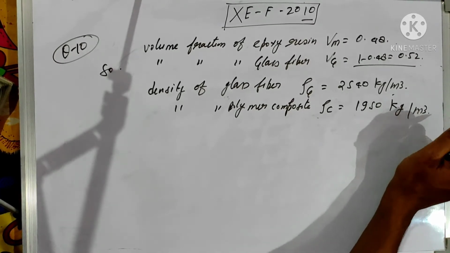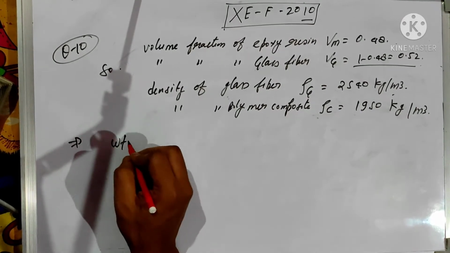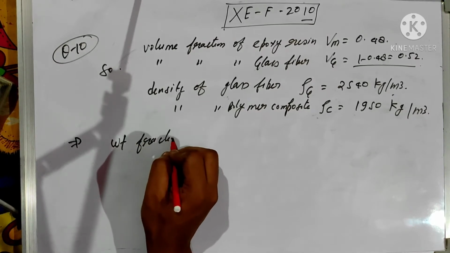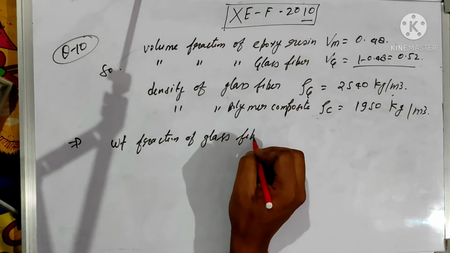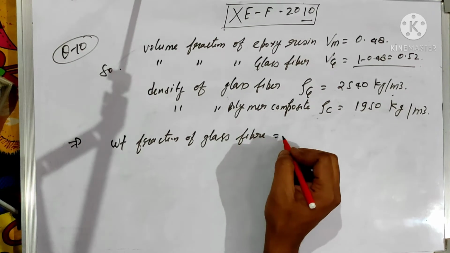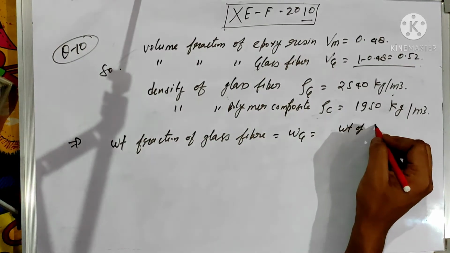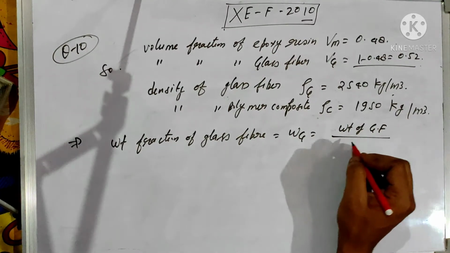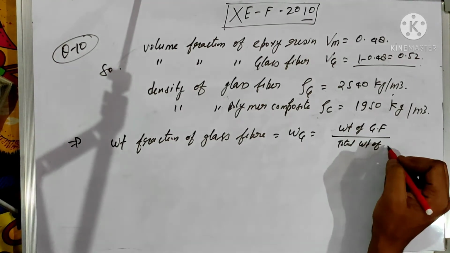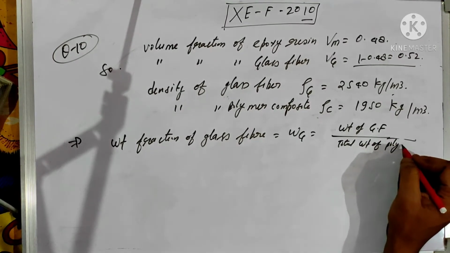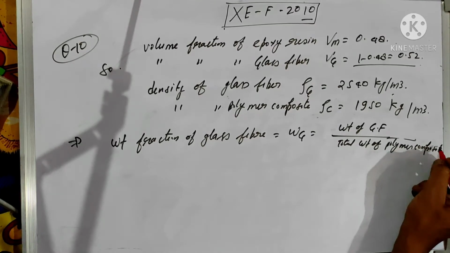Now calculate the weight fraction of glass fiber. The weight fraction of glass fiber, Wg, is equal to the weight of glass fiber divided by the total weight of the polymer composite.